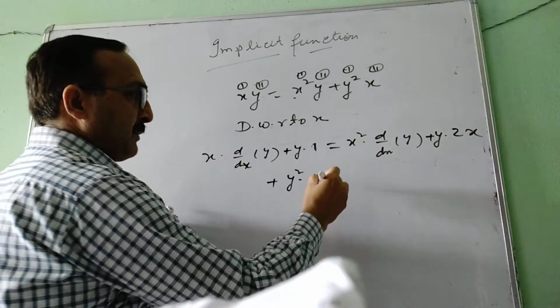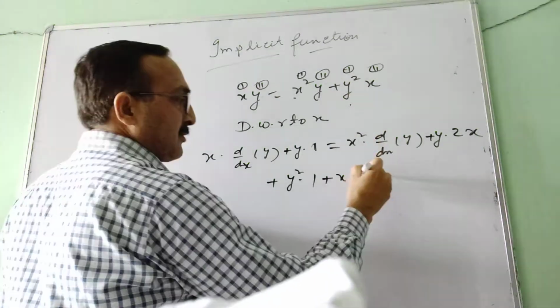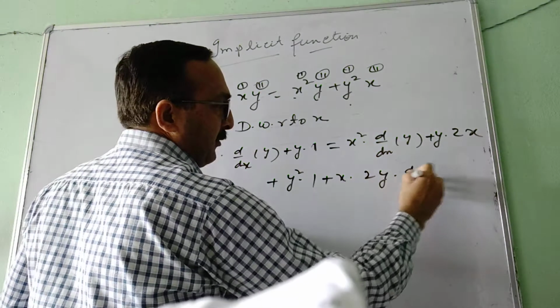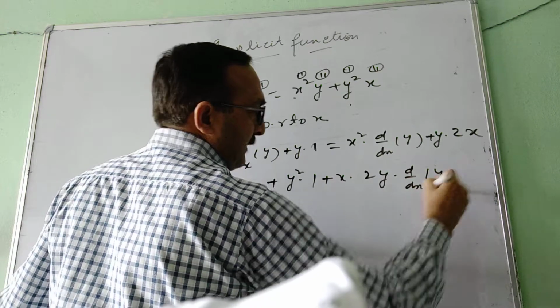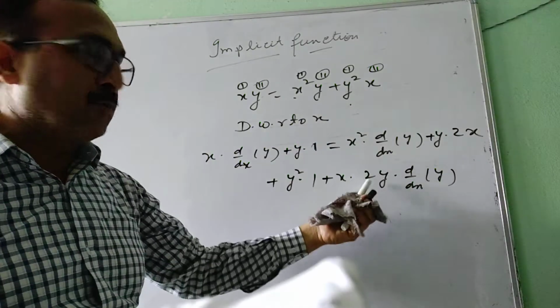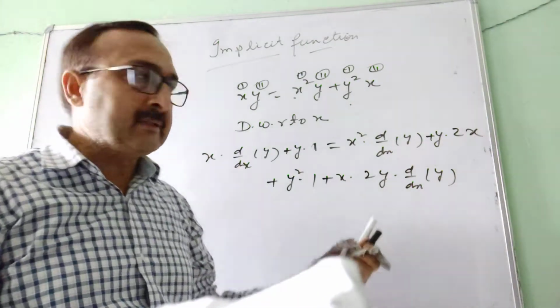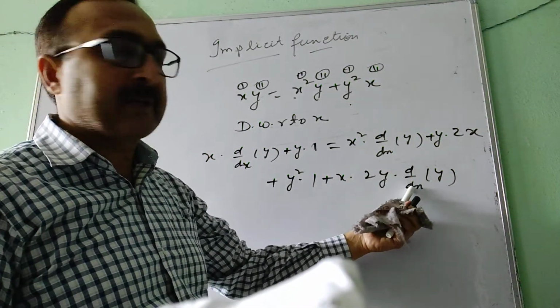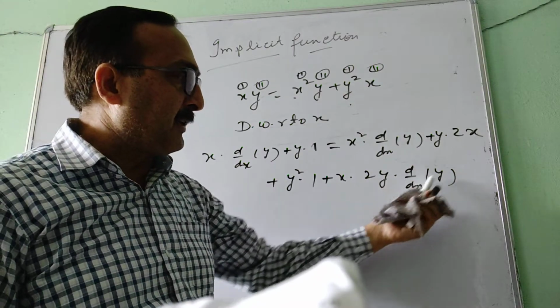Differentiation of x is 1, plus x, and then y square gives 2y and d upon dx of y. So remember one thing, y square differentiation you know is 2y, but again we are differentiating y with respect to x, that means d upon dx of y.